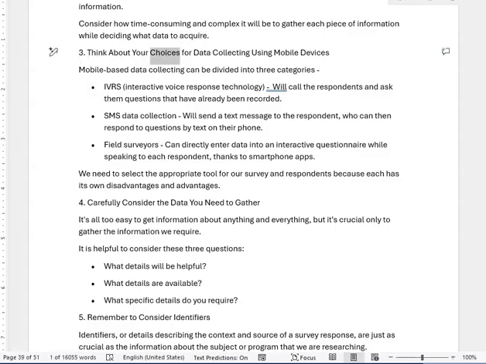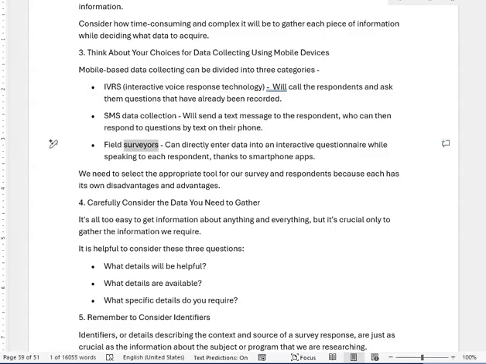3. Think about your choices for data collecting using mobile devices. Mobile-based data collecting can be divided into 3 categories. IVRS, Interactive Voice Response Technology, will call the respondents and ask them questions that have already been recorded. SMS data collection will send a text message to the respondent, who can then respond to questions by text on their phone.